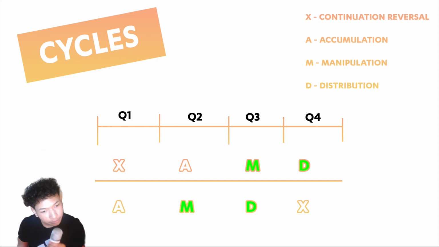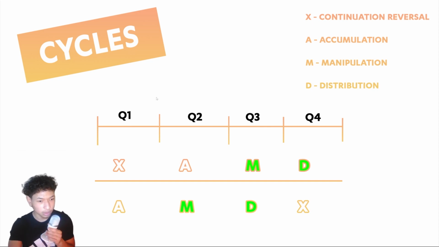So you want to trade both the manipulation and distribution quarter. You're either trading Q3 to Q4, which is 12 to 24, or you're trading from 6 to 18, depending on what the price is looking at for a given day, year, or month.